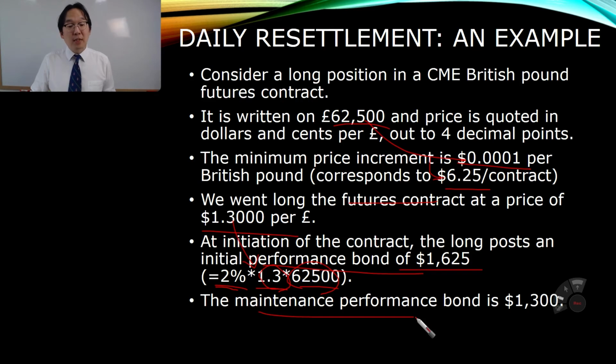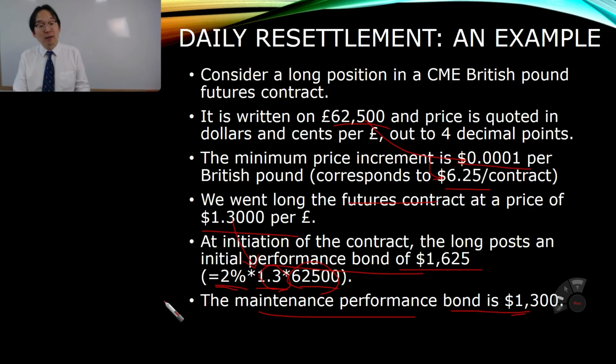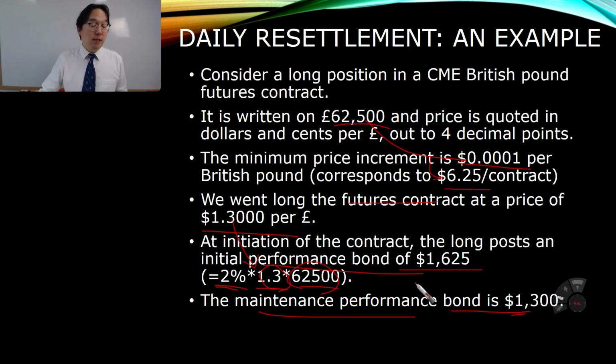By the way, the maintenance performance bond is 1,300 US dollars for this British pound contract. So the initial performance bond is above this maintenance performance bond.